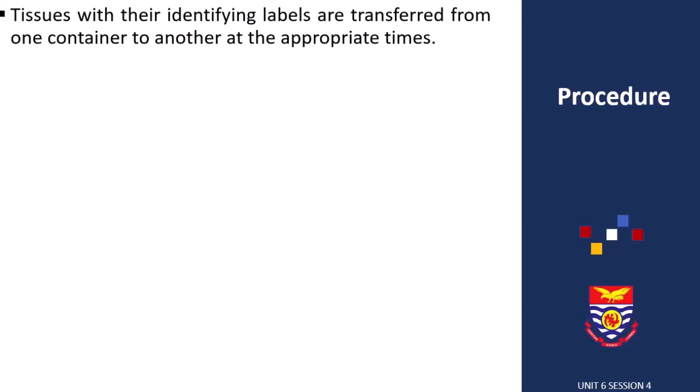The detailed procedure of dehydration involves carrying the tissue together with their identifying labels from one container to another at the appropriate times, and this allows them to drain for a few seconds on blotting paper between each change.